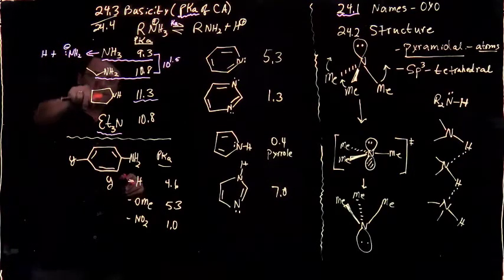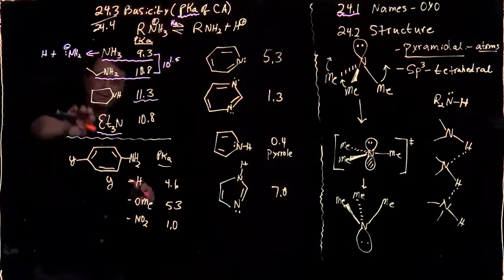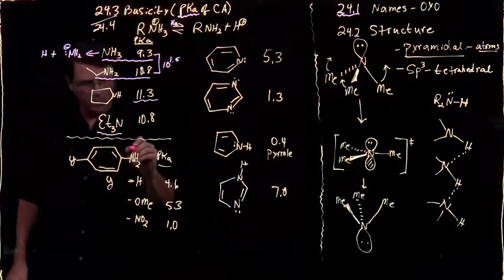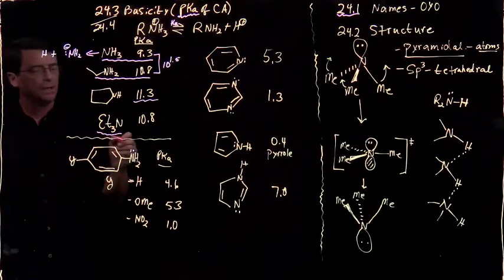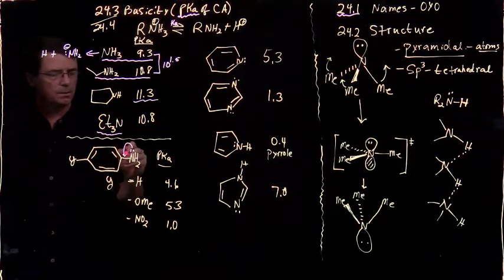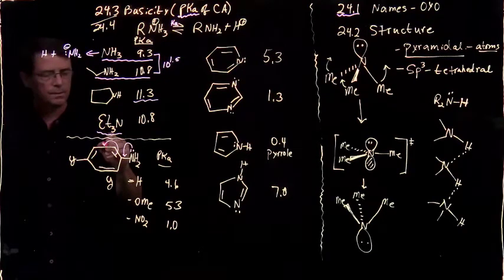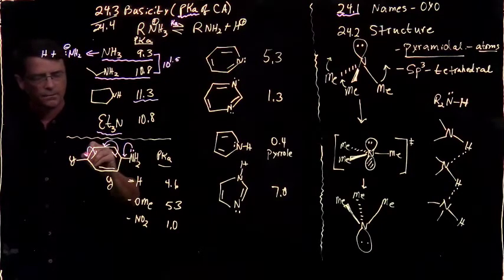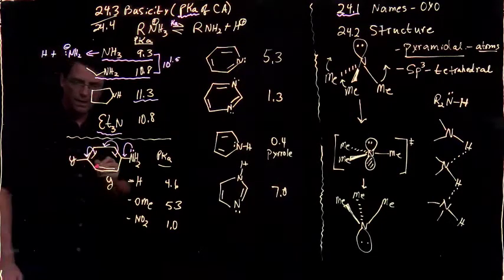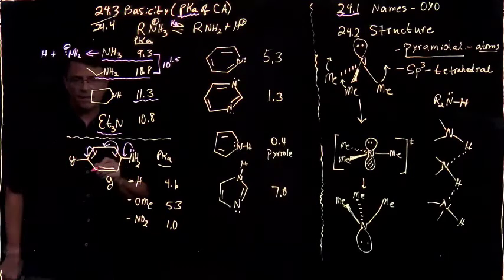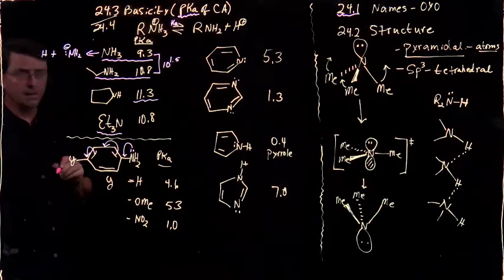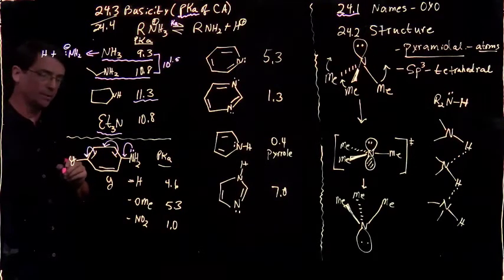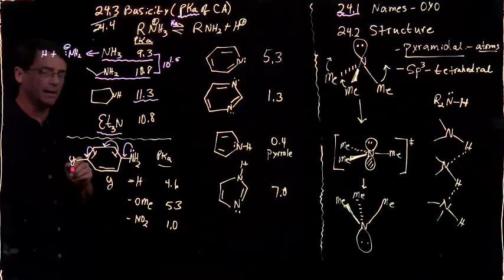Now, if we go from alkylamines to arylamines, it's very important. Of course, there's a lone pair on nitrogen, and that lone pair can be delocalized into the ring, for instance, like this. And so the impact of that substituent in the para position or the ortho position can be very important and have large impacts on the pKa.